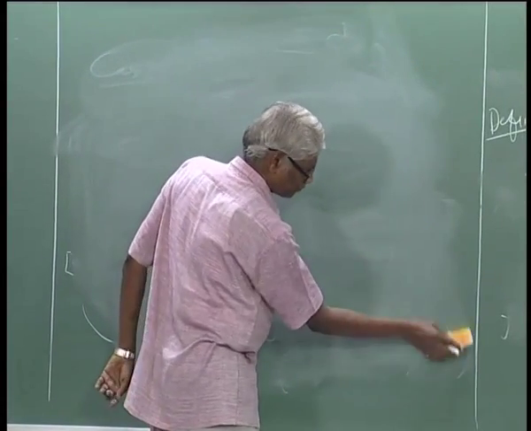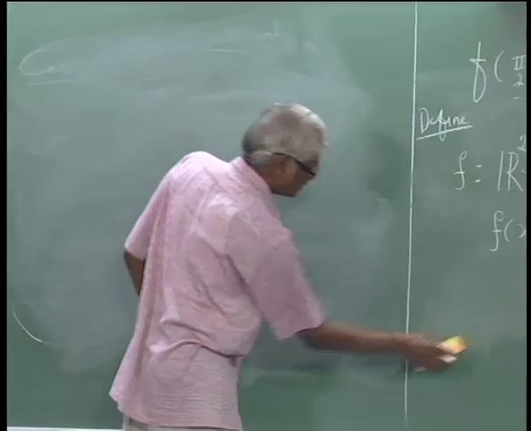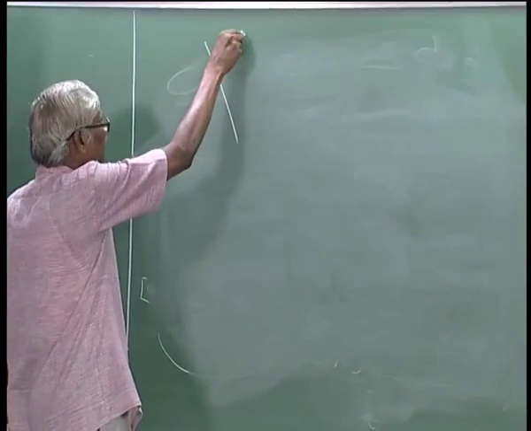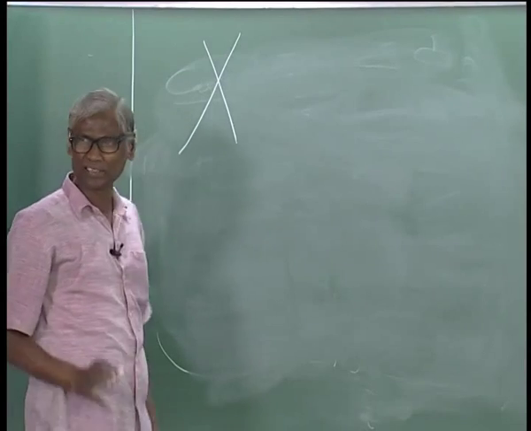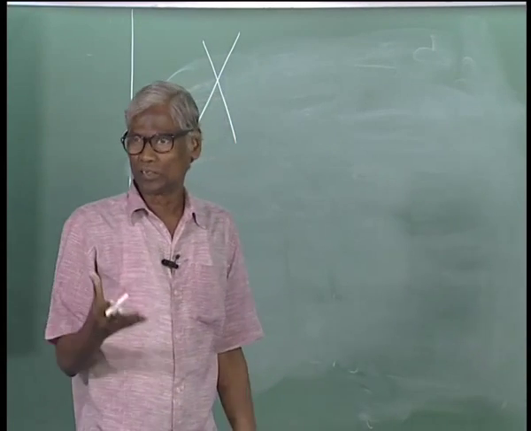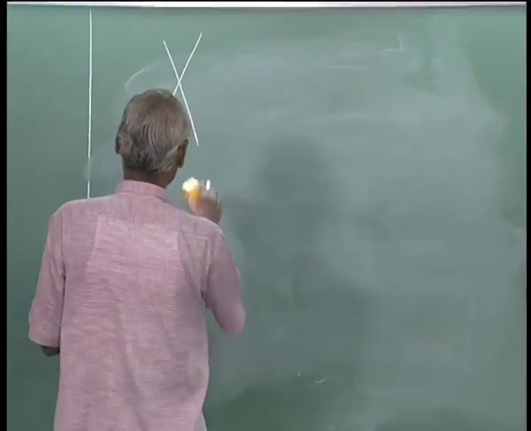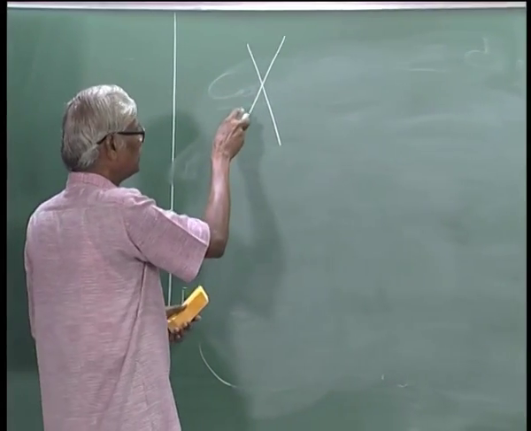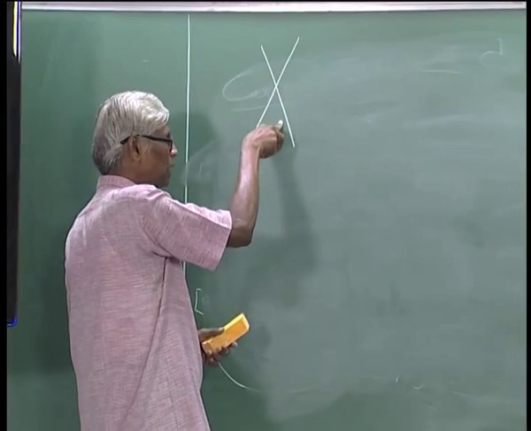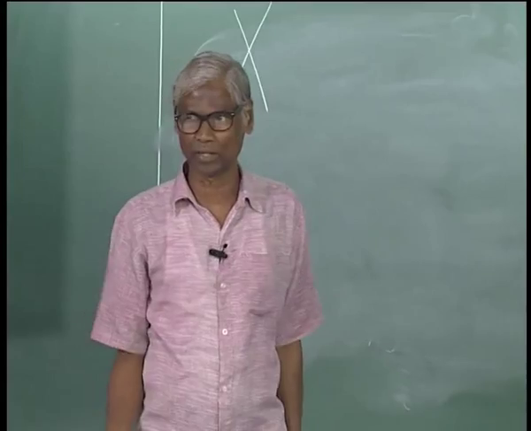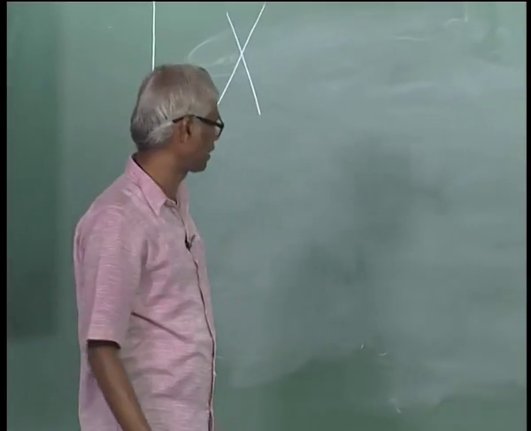Now, let us see what happens if the space is not connected. There may be a subset of X which is connected; some subsets may be connected, and some need not be connected in general.